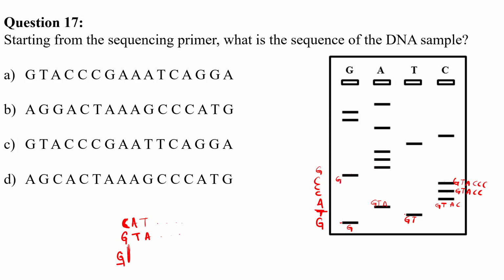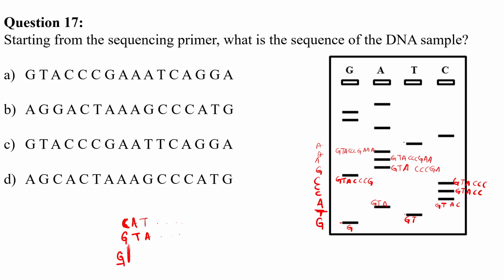Then after that we have again a G, so this fragment is GTACCCG. Then we have 3 A's consecutively, so this fragment is GTACCCGA, this is GTACCCGAA, and this is GTACCCGAAA.